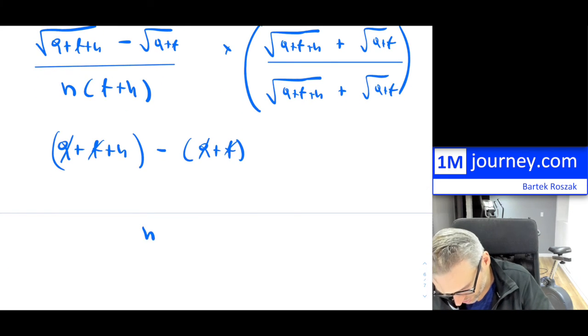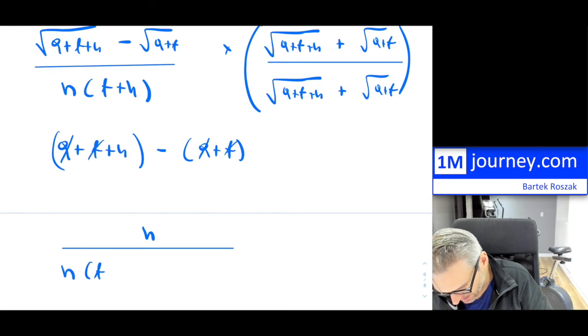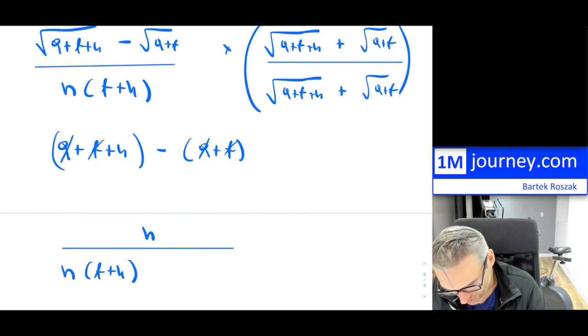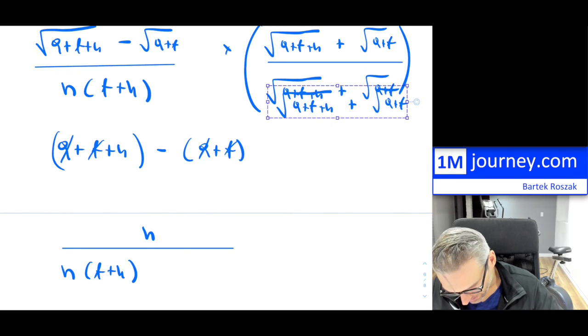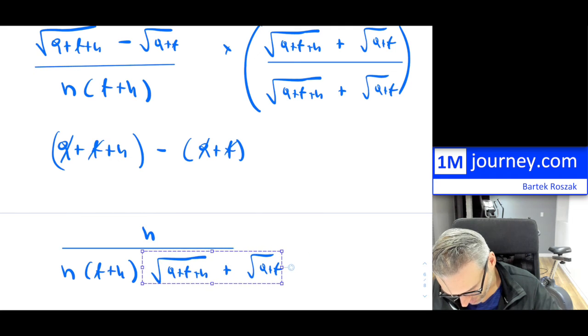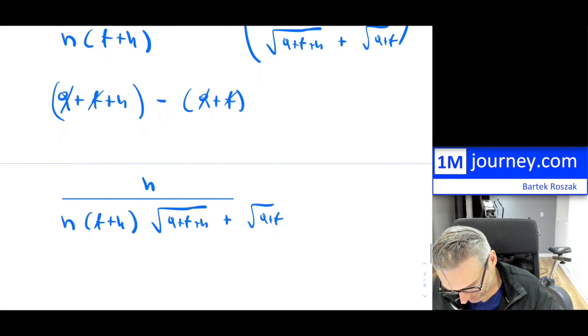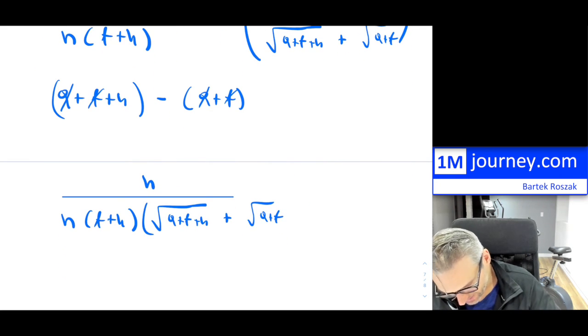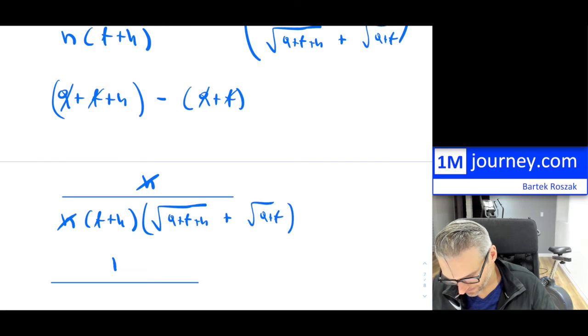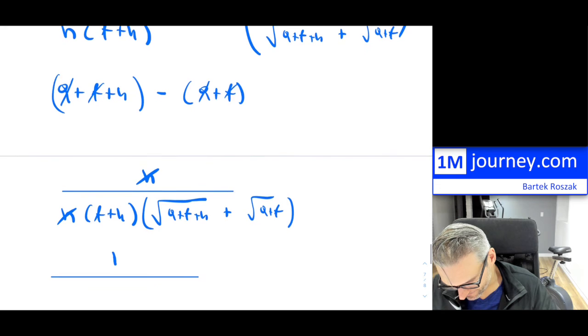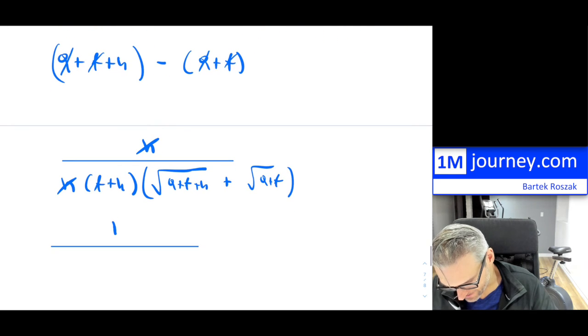So I have h on top, divided by h times t plus h, and now all of this junk right here, which indeed is not great. However, that's not going to cause us any issues because it's a plus. So h and h cancel, so that's going to be 1 all over. Let me just make sure this is that. That's what I will get in here.